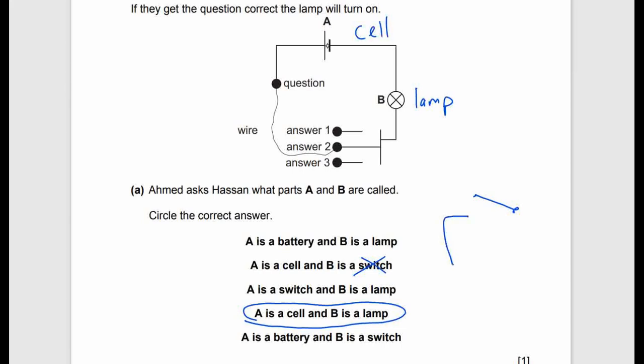Here it will show the switch diagram will be something like this. So when we close, it will make the complete circuit. So switch is not the option. Battery is not really correct because the cell can be anything, can be battery or can be any other power supply. Okay, so this is the correct answer.